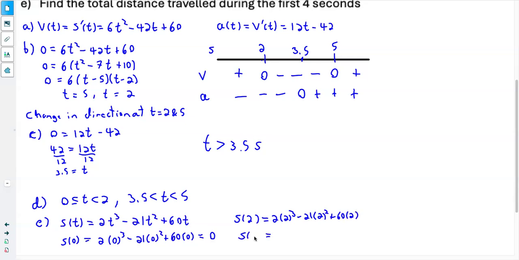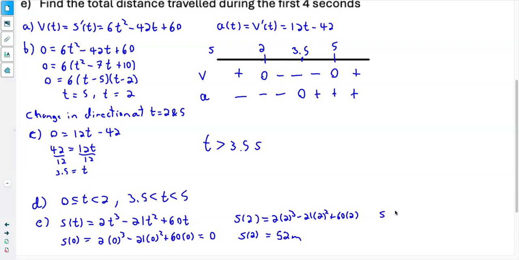So that gives us S of 2 is equal to 52 meters. Next, we're going to look at the end of 4 seconds, which is between here while it's all going negative, because it's going negative from 2 to 5. So it's going to be the same direction from going from 2 to 4.